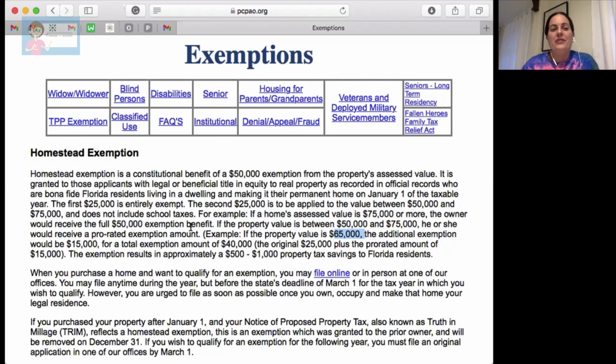And then from there, the additional, so it says here, they're not basically going to do 65 minus 50,000. They're just basically gonna say, look, you get your first 25 and move on, to put it that way.